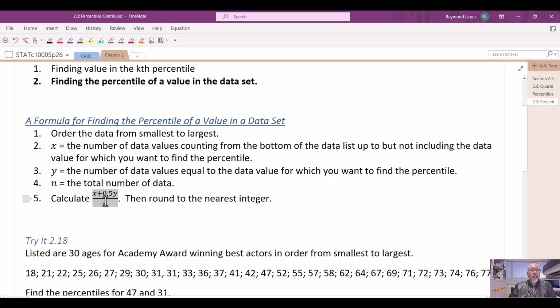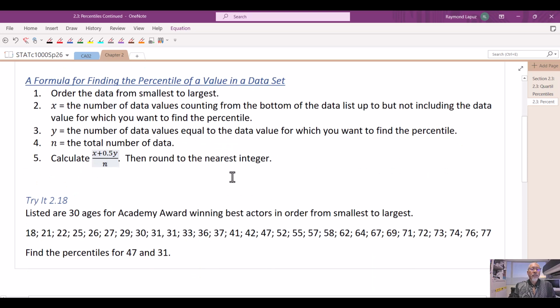After doing this calculation, you round to the nearest integer, and then that's going to give you the percentile. Generally, for percentiles, you round off to the nearest integer, and you don't say like 26.5 percentile, you just say 26 percentile.